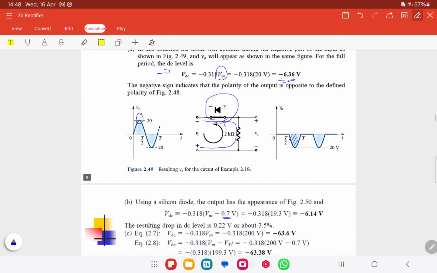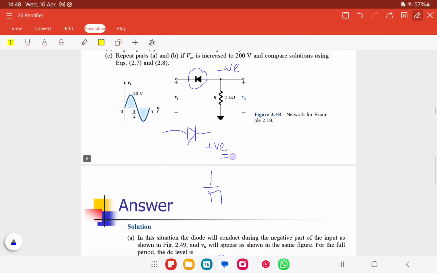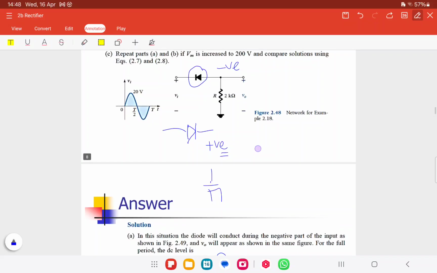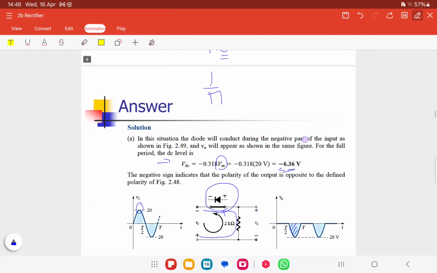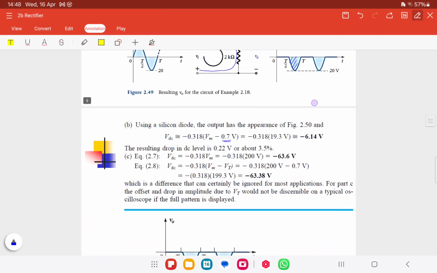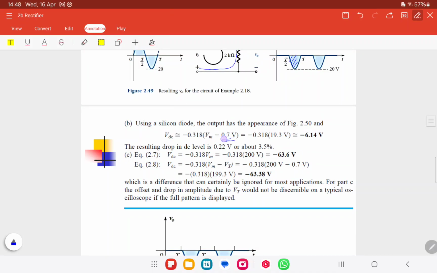For the ideal diode, we have no minus VD because we consider it as 0. If it is silicon or germanium, we need to subtract VD, which is 0.7. Using a silicon diode, minus VD, V silicon. So VM 20 minus 0.7.